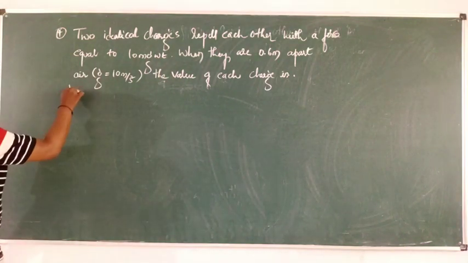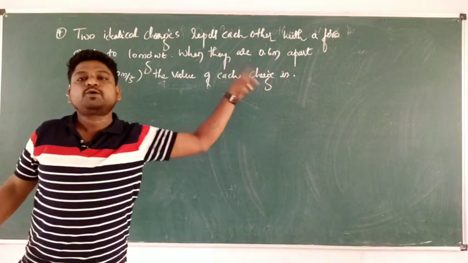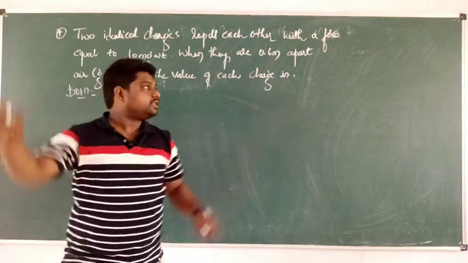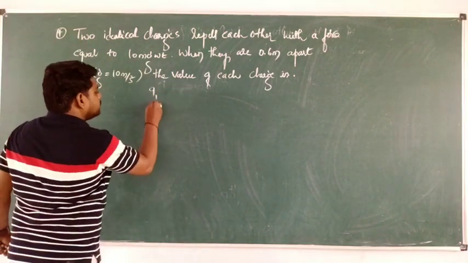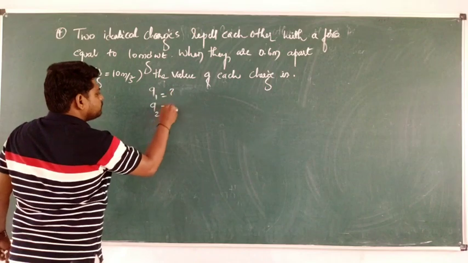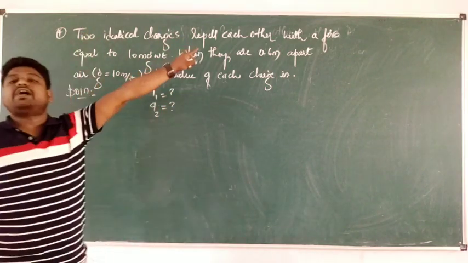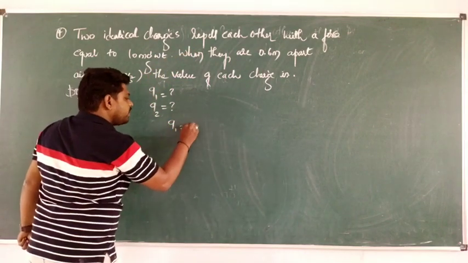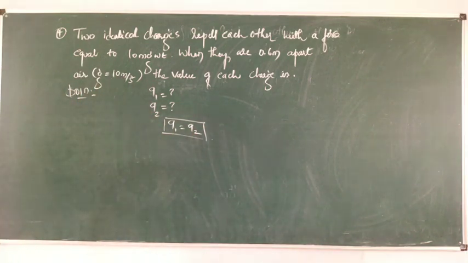If you look at this question, the intention is to calculate the magnitude of each charge. It means that you have to calculate Q1 as well as Q2. But here they are telling that they are identical charges. When they are identical charges, it means that Q1 equals Q2.